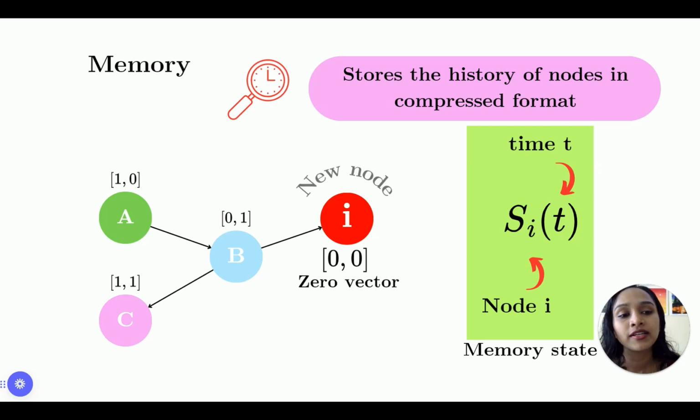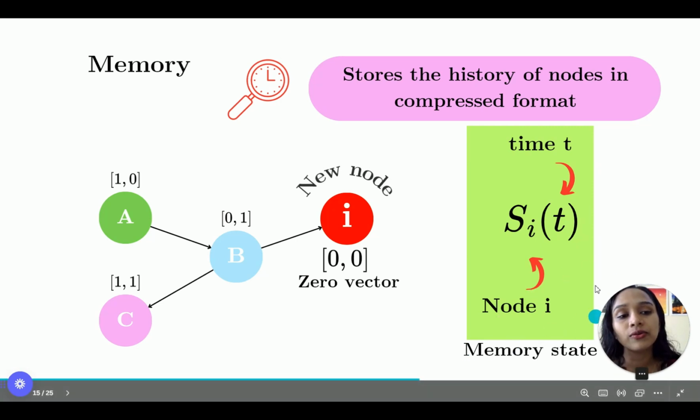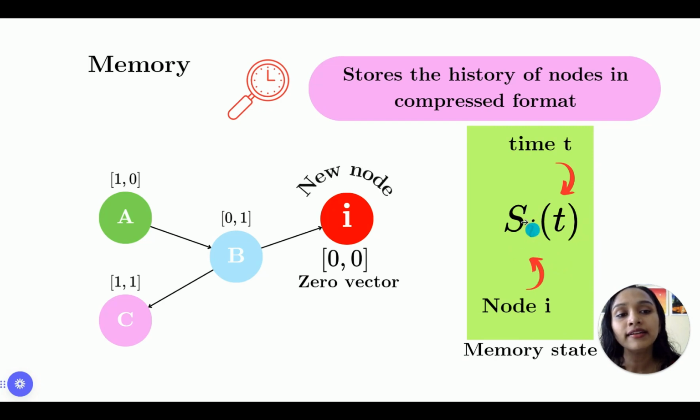Here Si of t is the memory state of node I at time t. Whenever an event involves this node I, its memory state will change, and this memory module will have the history of all the changes that happened to node I.